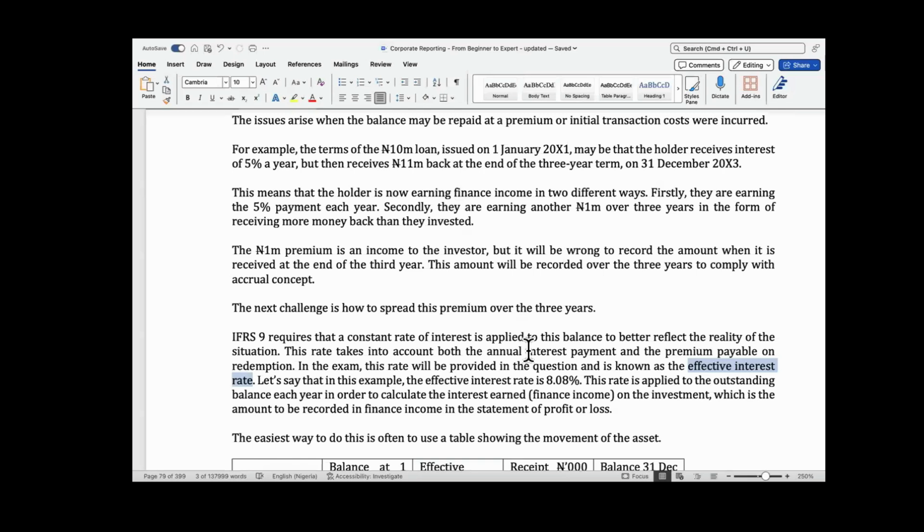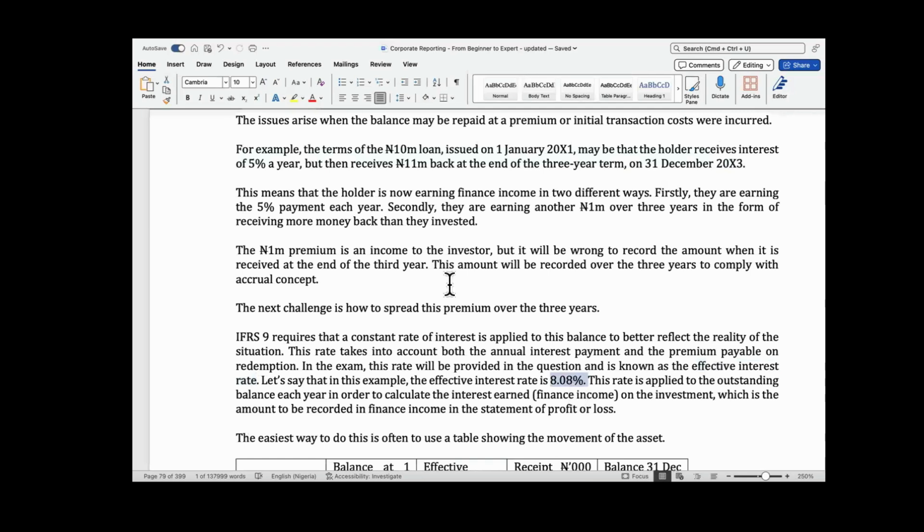So in this example that I gave you here, let's say this rate is 8.08% per annum. I want to assume you understand that this 8.08% comprises the 5%, which is the interest every year, and also that 1 million, which they have now converted to a rate.